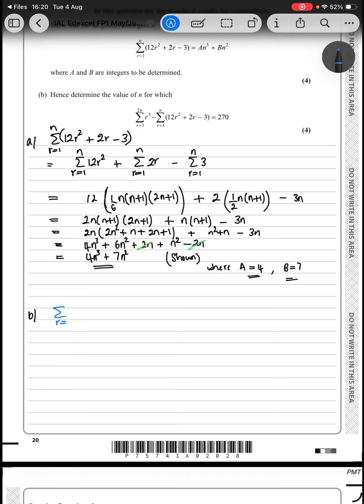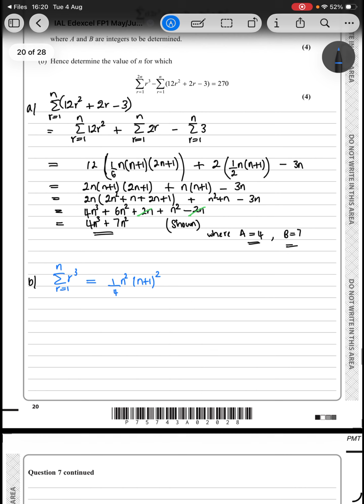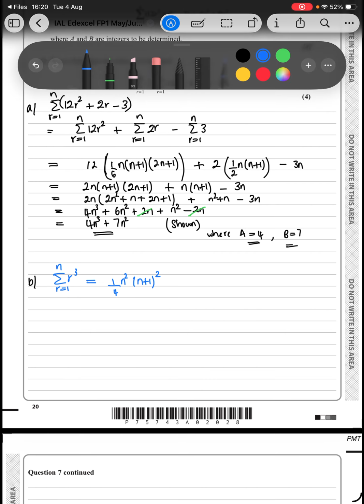The summation from r equals 1 to n of r cubed will be 1 over 4 n squared times n plus 1 whole thing squared. But we're being asked for, or we're going to have to use from r equals 1 to 2n. So all we need to do is substitute 2n wherever we see an n in the formula.